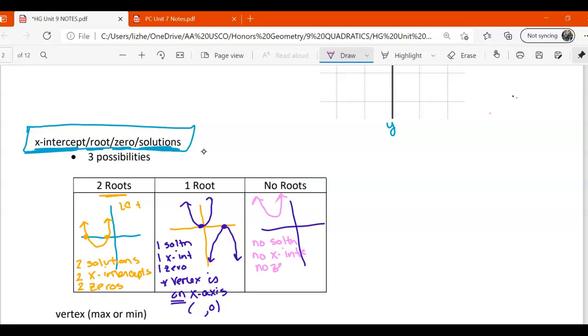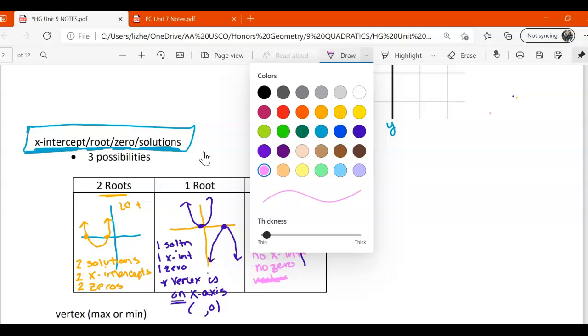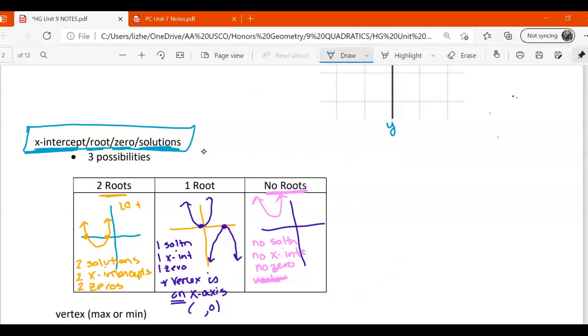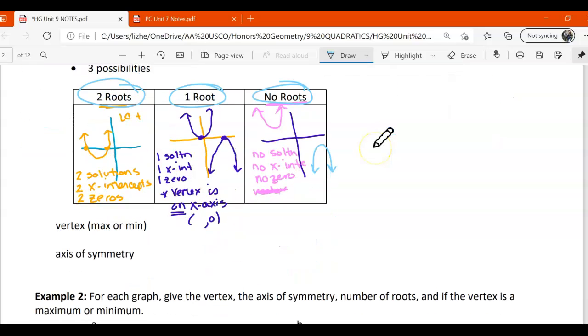There's no 0. There's no root. Well, I don't want to say that about the vertex, because you could also have this one. You could also be floating down below, correct? So those are your only 3 options. Every time you solve a quadratic, you will either have 2 answers, 1 answer, or no answers. Okay.